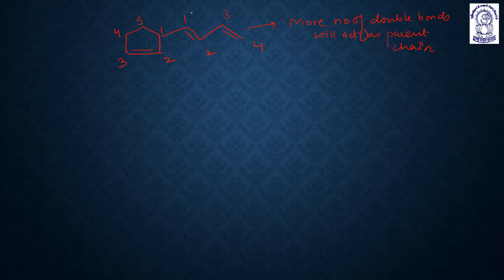So it will be selected as the parent chain. So it is butane-1,4-diene, and on the first position we have cyclopent-1-enyl and 2-enyl, butane-1,4-diene.